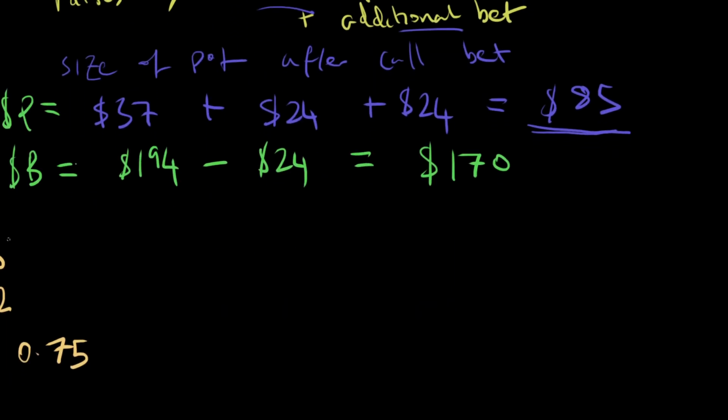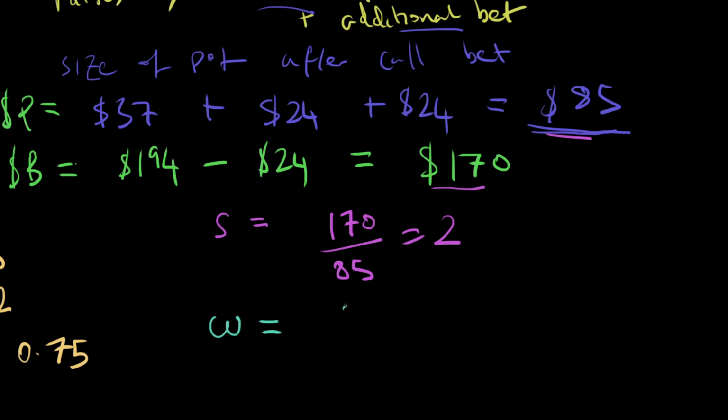Now, let's put all this together. We calculate our relative bet size S, and that's the bet of 170 divided by the pot of 85. So it's 170 divided by 85, which is 2. And now we calculate the number that we want to look at, which is the pot odds for the raise.